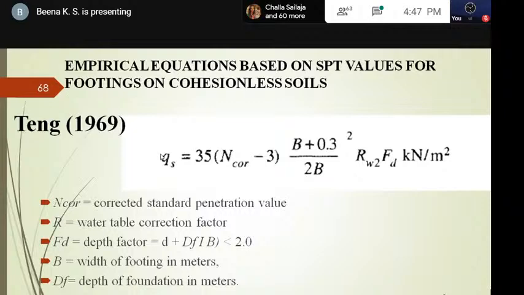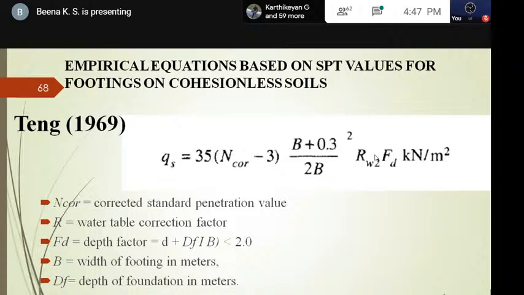He obtained this equation as qs is equal to 35 into N corrected minus 3, into (B plus 0.3) by 2B, the whole squared, Rw2 Fd, in kilonewton per meter square. This unit is very important because this equation holds good only if you stick to this equation's unit. N corrected is the corrected standard penetration value.